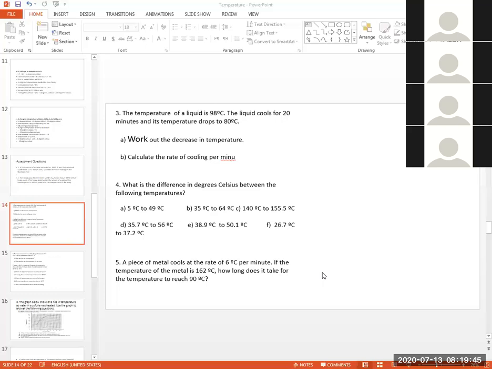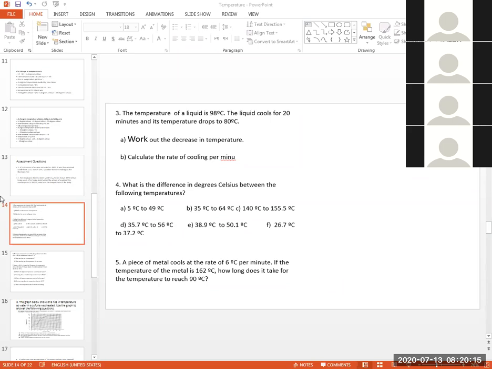If in 1 minute this metal cools at the rate of 6 degrees Celsius, what about a given amount of temperature? And for you to get this given amount of temperature, it is the temperature degrees from 162 degrees Celsius to 90 degrees Celsius. Therefore, in summary, for you to solve that question very well, you must begin from getting the temperature.